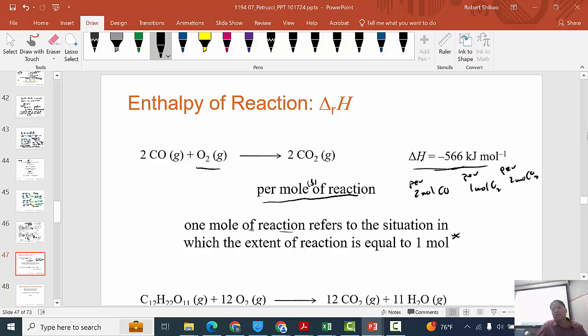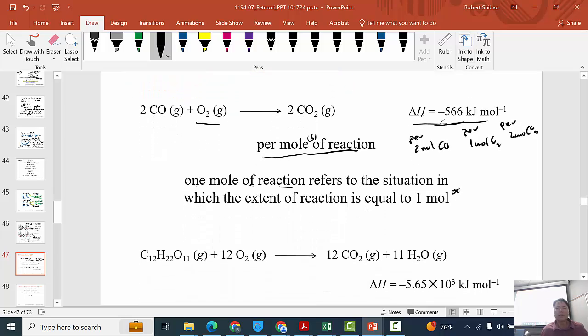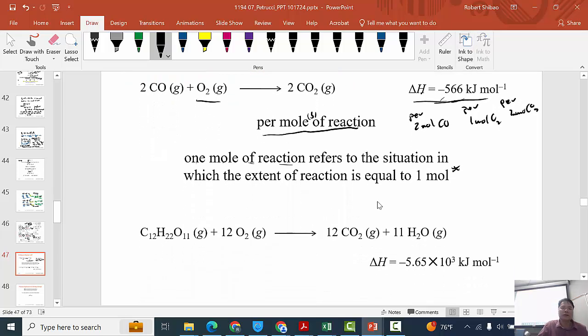So let's say we form 4 moles of CO2, then we just double that, energy being extensive. The wording on this, I would reword it a little bit. Instead of per mole, I would just word this as per moles, maybe, of reaction as written.